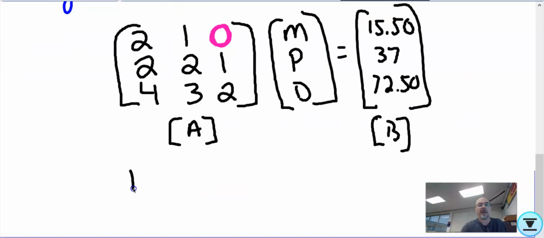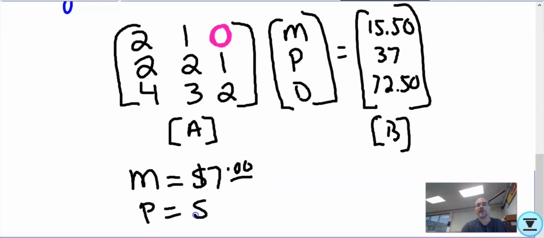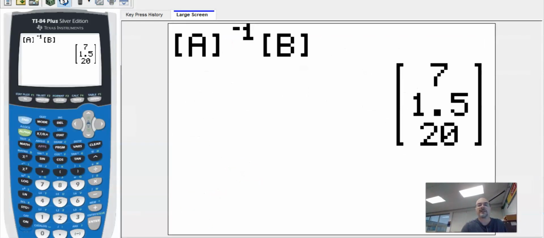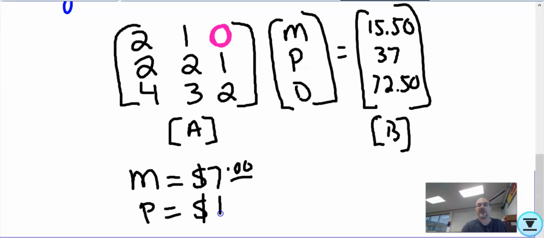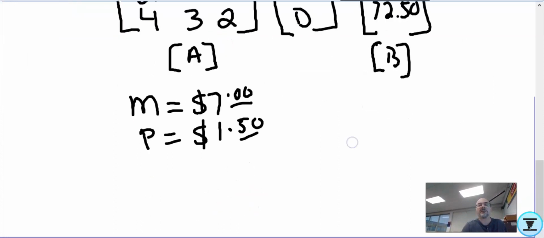Okay, the movie passes are $7. The popcorn, that's $1.50, folks. $1.50 for popcorn. And the DVDs, ladies and gentlemen, are 20 bucks.